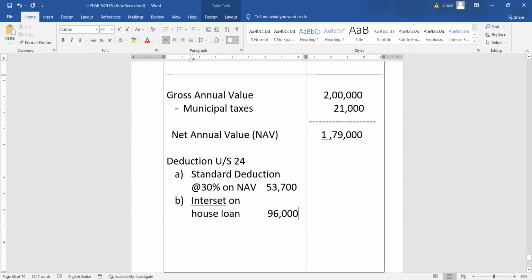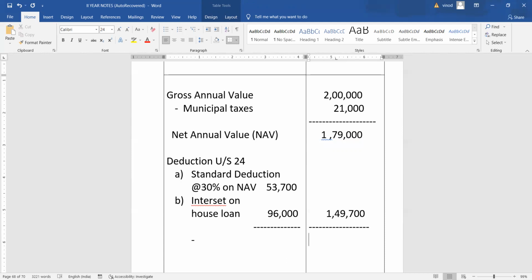Its maximum limit is 2 lakhs. One lakh 49,000, by adding these two, you should write now.